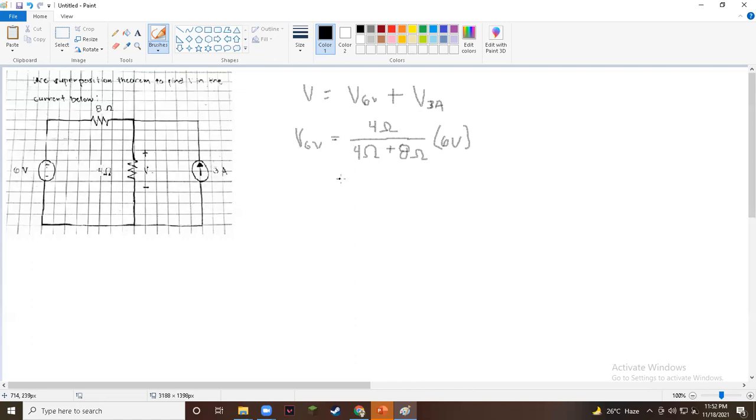And ang makukuha na natin dyan is, so ang voltage due to 6 volts natin is 2 volts. Ayan. So, yan ang ating voltage due to 6 volts. So, let's find naman ang voltage due to 3 amperes natin.